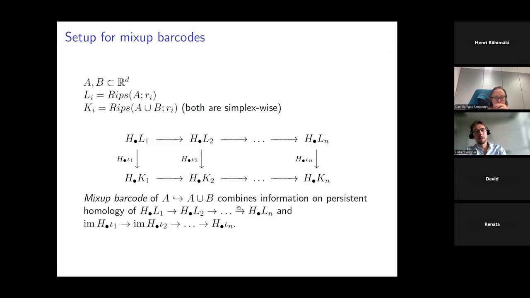And I should stress that we will be combining those 2 pieces of information in some way, as opposed to just looking at them separately. We could have computed image persistence and standard persistence already 15 years ago. The key idea here is to combine the 2 pieces of information.